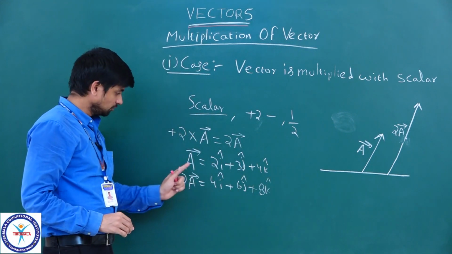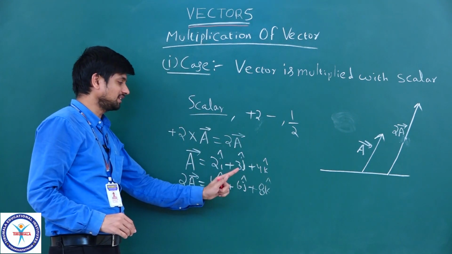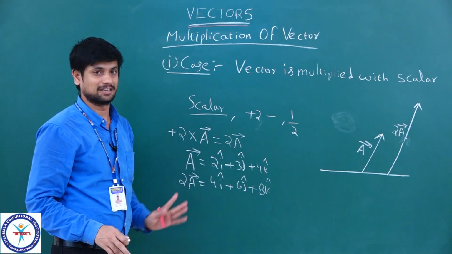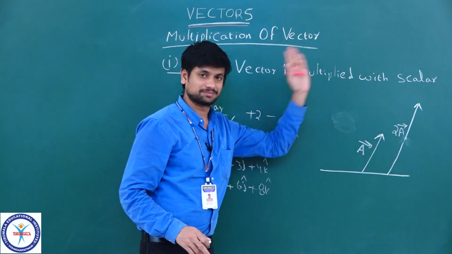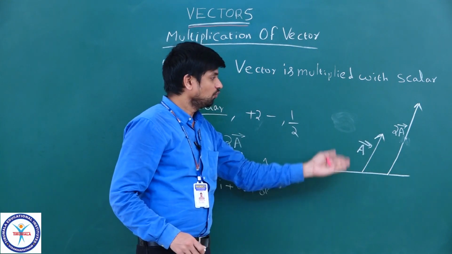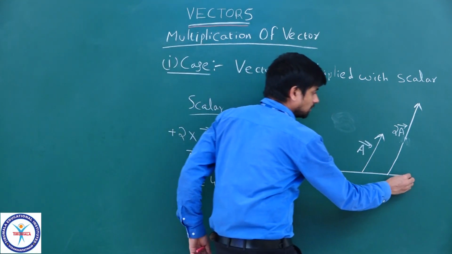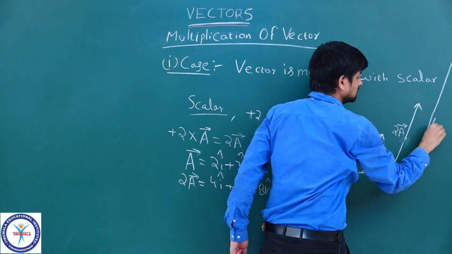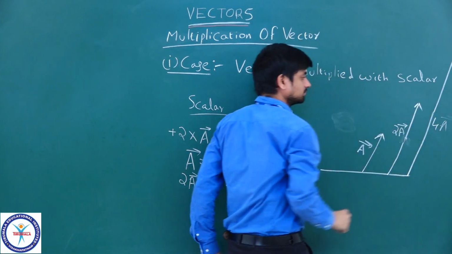Did you understand? 2 times I multiplied. 2 2s, 2 3s, 2 4s. The ijk components also are being multiplied. If I multiply with 4, it becomes double of this one. So this is 4a bar.